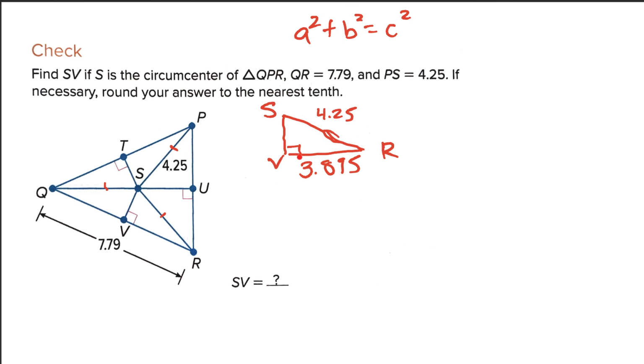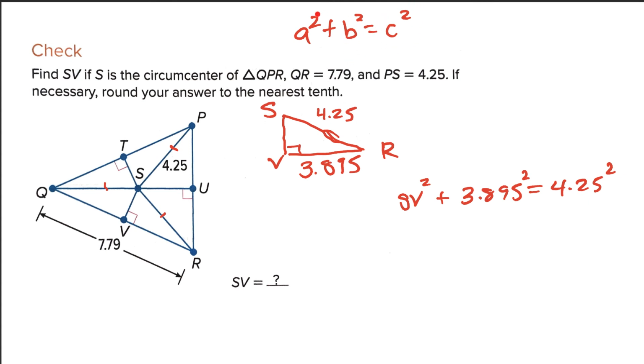So now if we're looking for SV, we know that a squared plus b squared equals c squared, or I'll just call it SV squared plus 3.895 squared. That should equal 4.25 to the second power. Whenever you use the Pythagorean theorem, it seems like you're always adding, but that's only if you're looking for the hypotenuse.